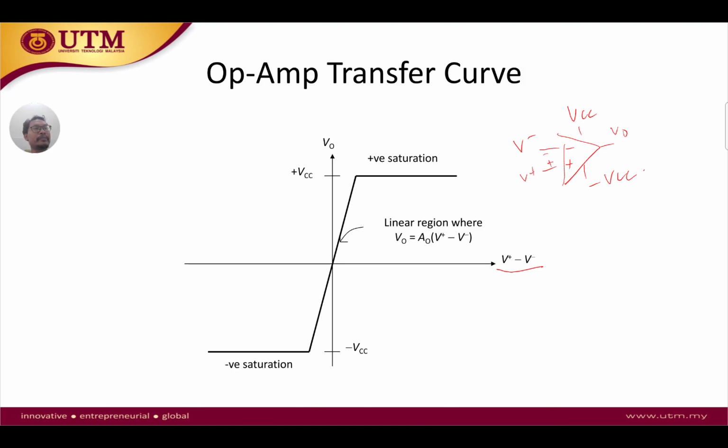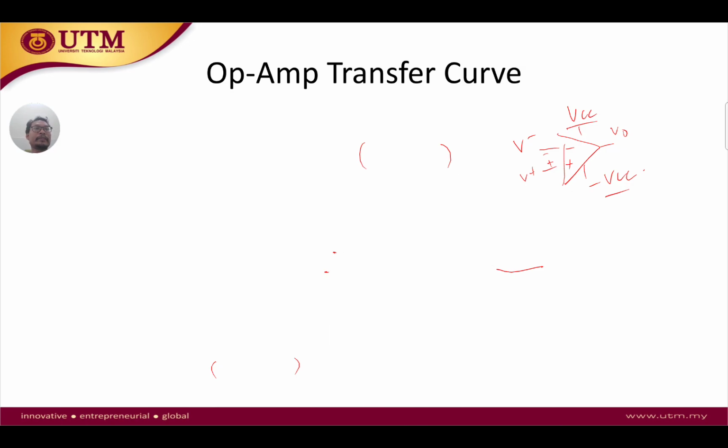If we have a small difference on V plus and V minus, we are going to get a high gain, but limited by the positive and negative power supply. Here is called a positive saturation, and down here is called a negative saturation. We will see more examples on this.